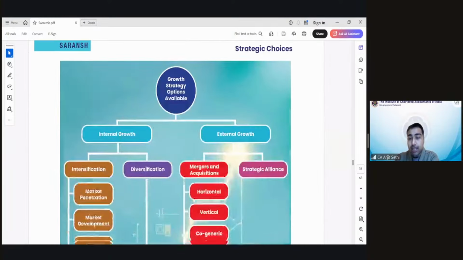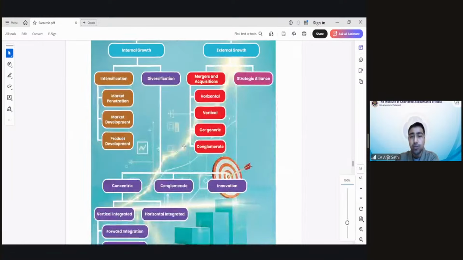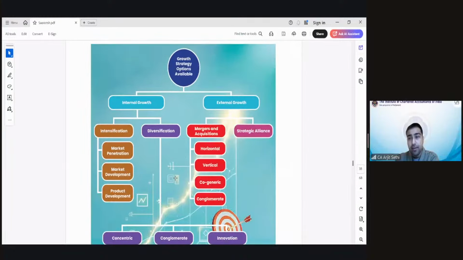अब growth strategy ना बहुत बड़ी है. Growth strategy is huge. Okay, but we will do this very quickly. Now, growth strategy has two options, my friend. Okay, now understand this carefully. Growth strategy has two options.